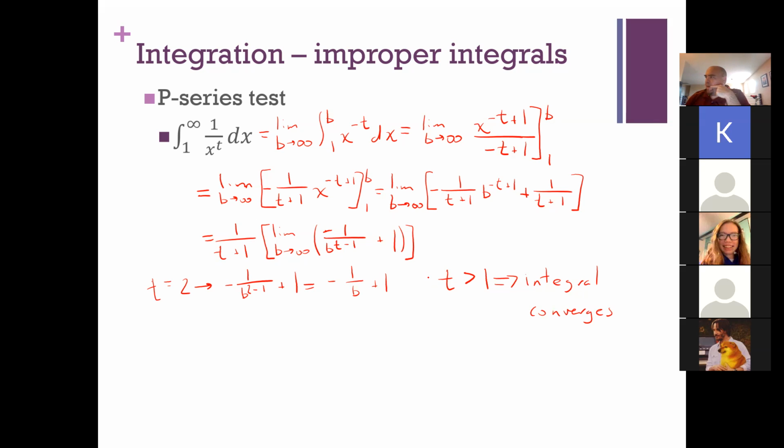One thing I want to point out, because I don't know if everyone's noticed this yet: so much of what we've done in the last week or two has been to answer one question: does the series converge or diverge? And in most of those cases, we're not asking when it converges, what's the value of the sum?